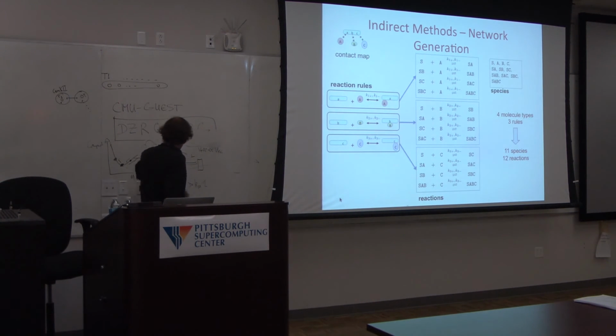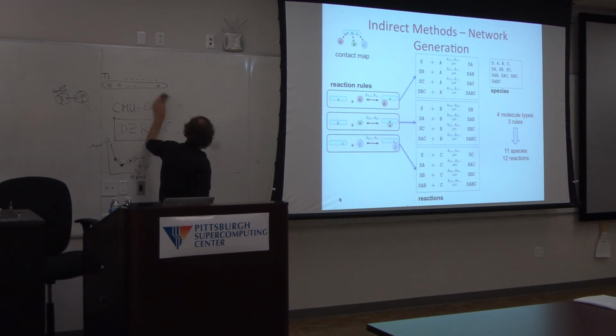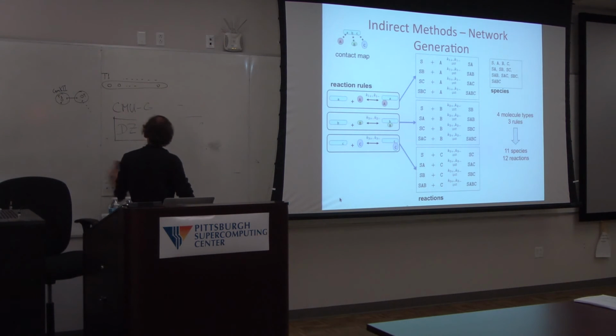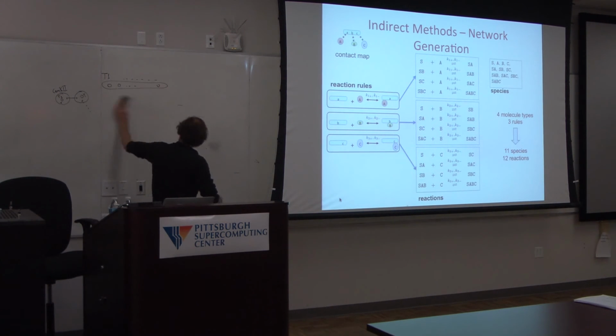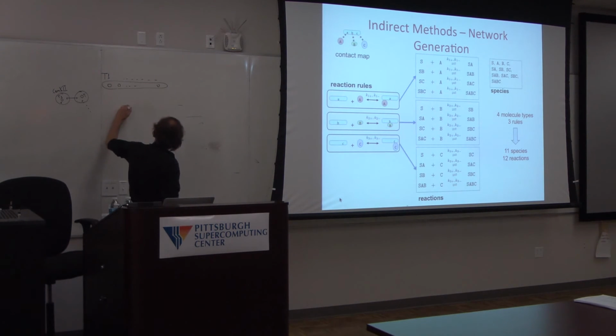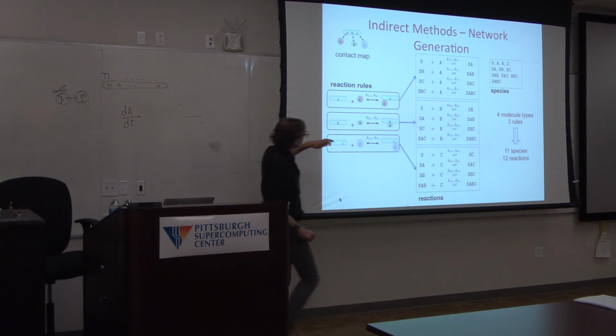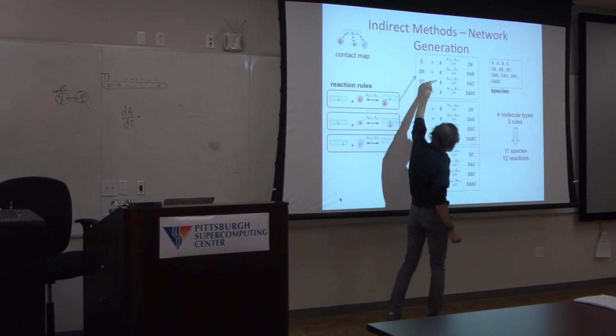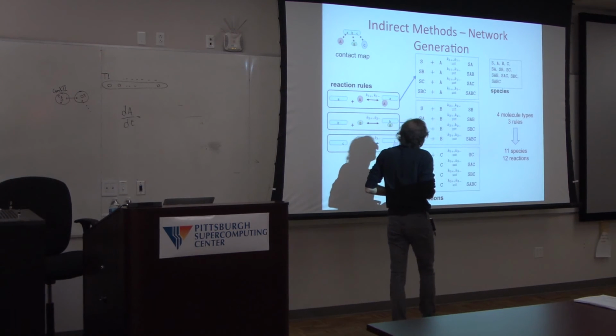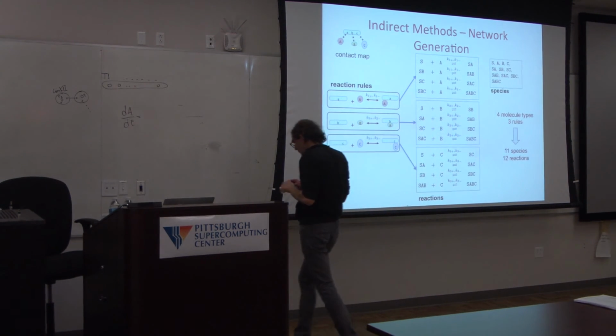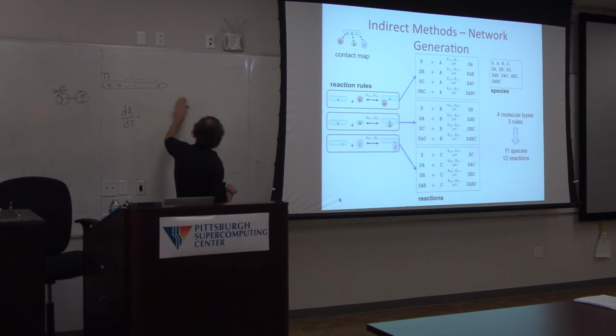So as an example, I'll just do it for completeness. I just erased it, I'm sorry about that. So an example would be the differential equation for A: the set of all of the reactions in which A can participate, which either produce or degrade A, would contribute to this.